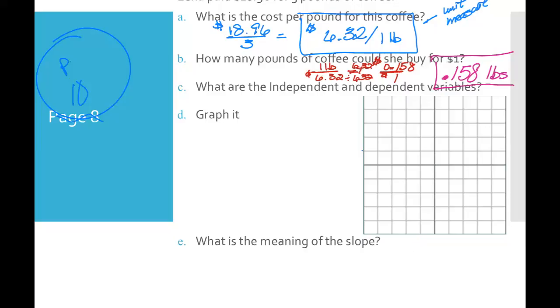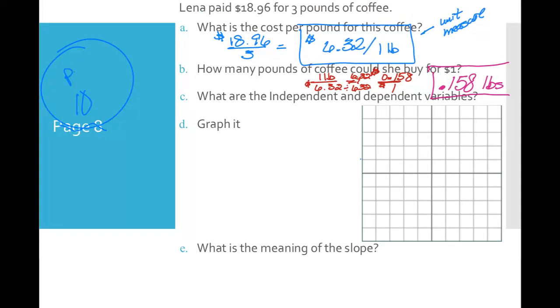Pounds of coffee? Is that what you were going to say, Nyla? Who else was saying that? Christian, were you thinking that too? Okay. So independent, we're saying pounds of coffee.